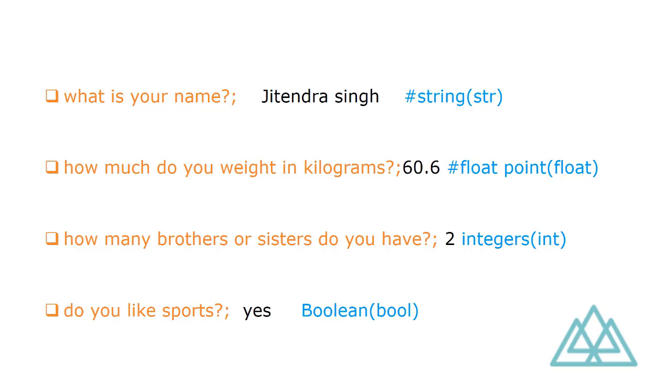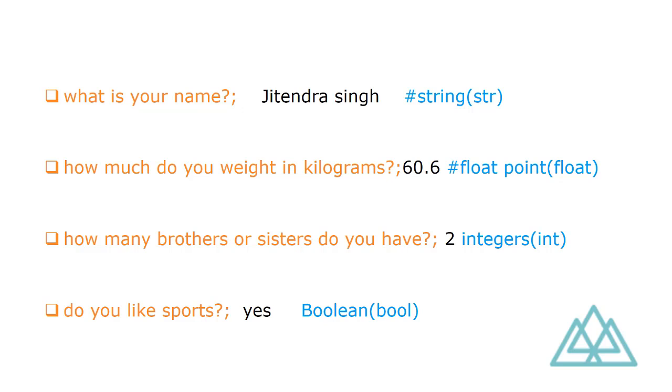The first one, your answer, is of type string, which is identified in Python by str. The second one is called a floating point number because it includes the decimal point. The third one is integer type because this is a whole number, any number without any fractional value.